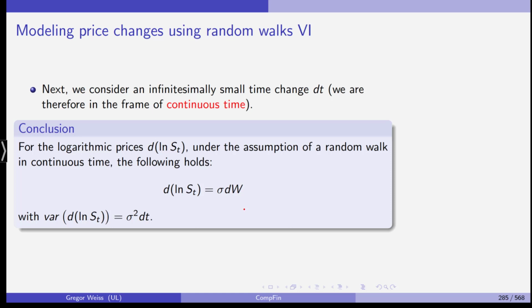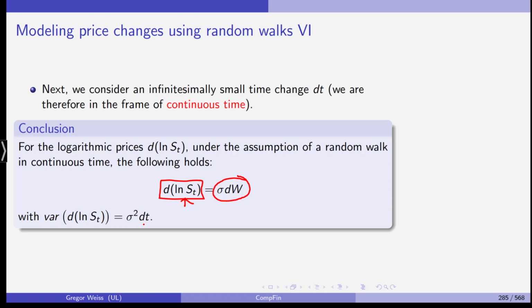Under random walk, we get that the log changes in the stock price, the log returns, will follow a standard Wiener process times a parameter sigma. And the variance of the process here is then given by the squared value of the diffusion times the change in time. So this is one result. If we assume a random walk, we get a standard Wiener process times the diffusion.